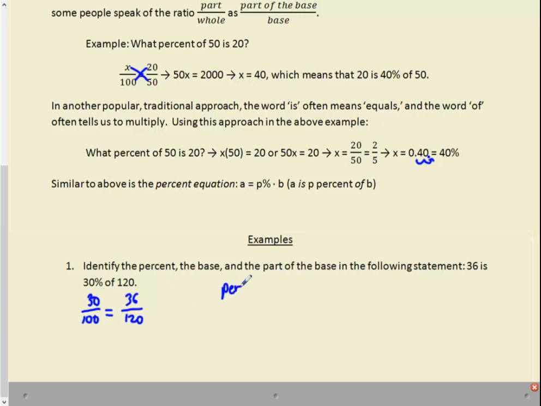So the percent, that part is pretty clear when you have the percentage symbol right next to it. The percent in this case is 30. The base is the denominator of our ratio that doesn't involve percent, so that's 120. And the part of the base is the numerator of that ratio, which is 36.